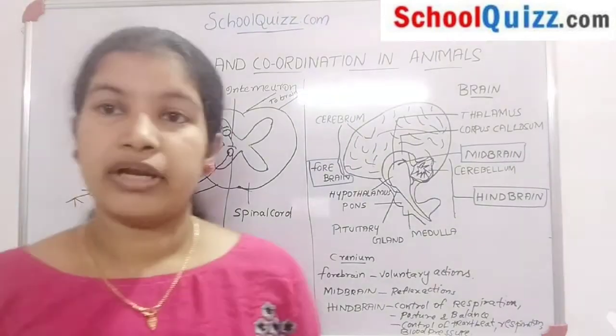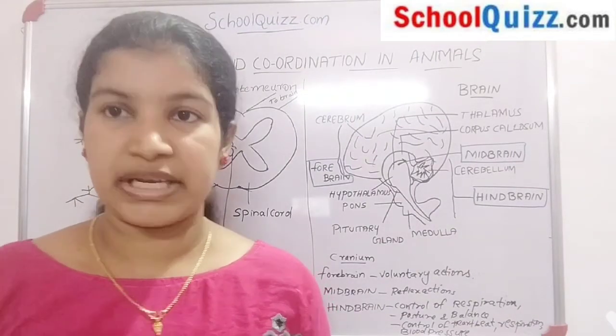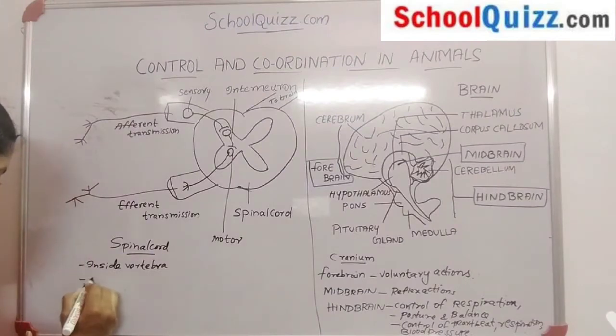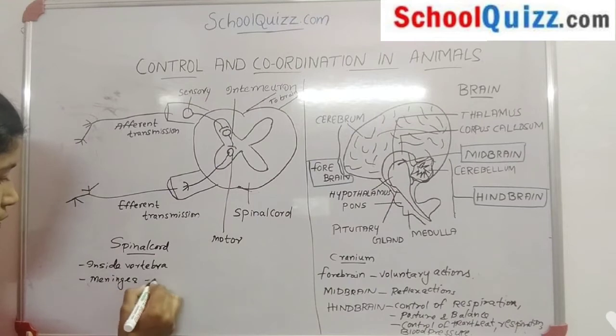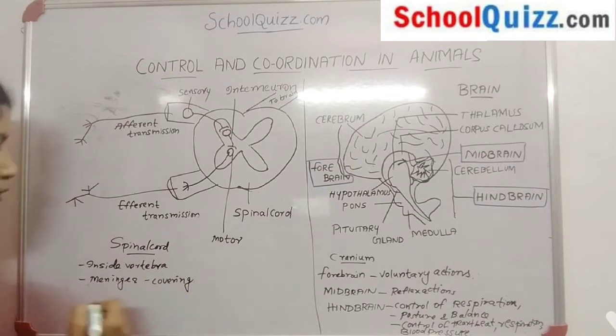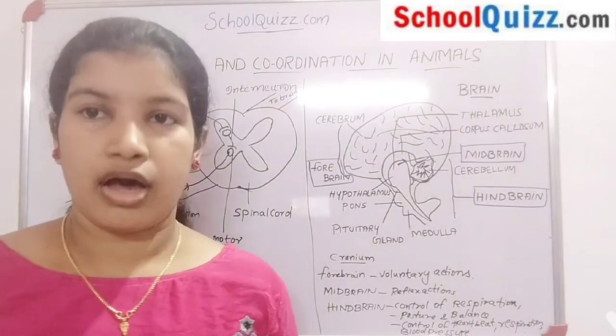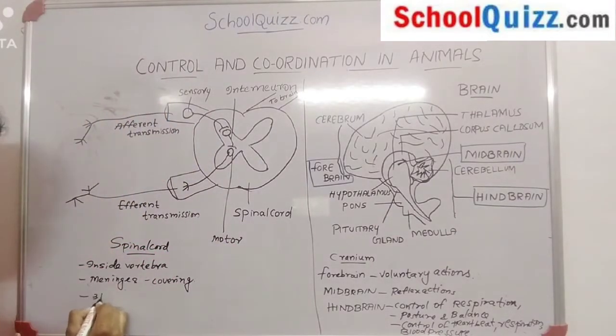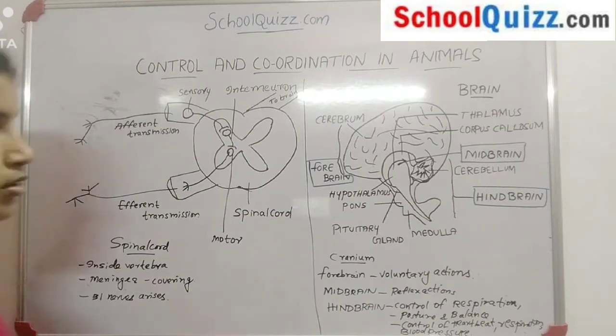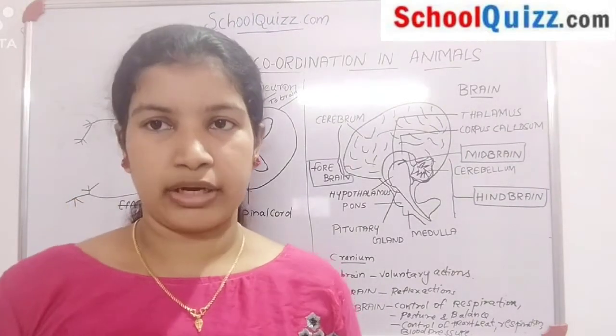The spinal cord has a covering called the meninges. 31 pairs of nerves arise from this spinal cord. So this is about the spinal cord.